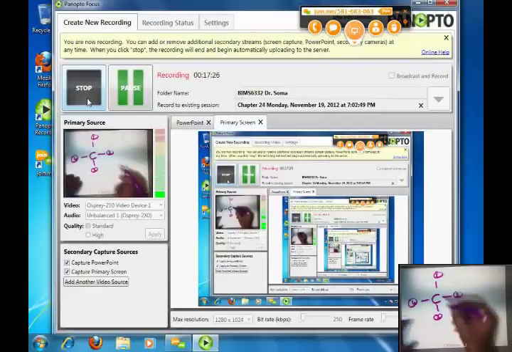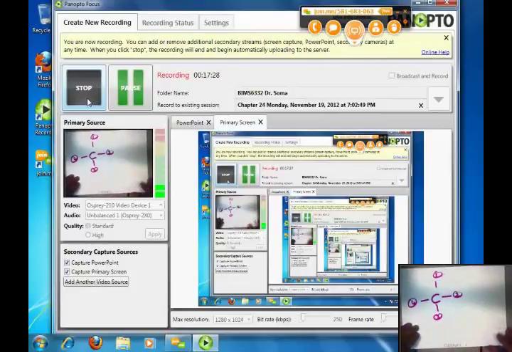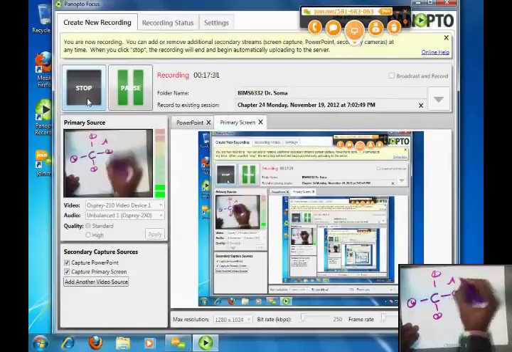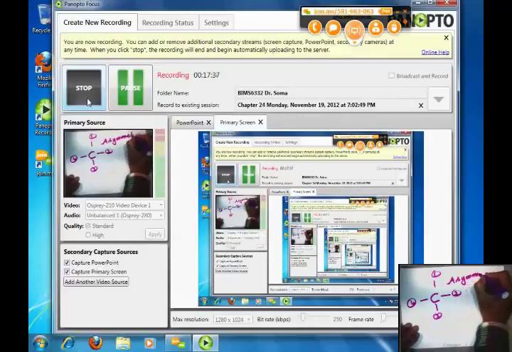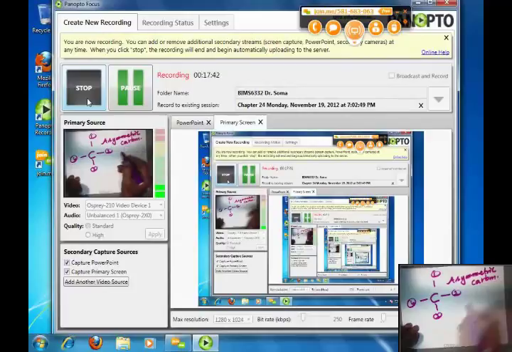Then this carbon is an asymmetric carbon, because it is not a symmetrical arrangement. This asymmetric carbon exhibits an isomer pattern.